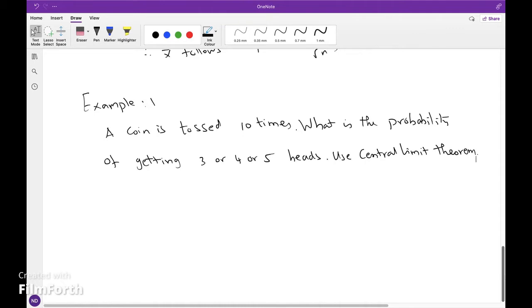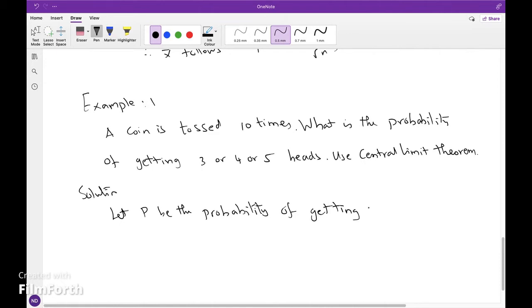Let P be the probability of getting a head in a trial.